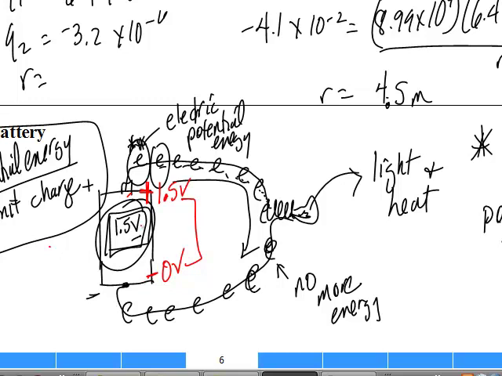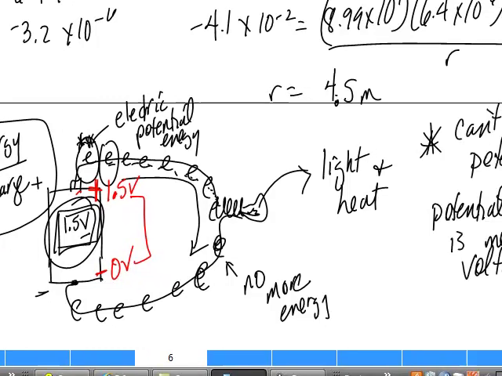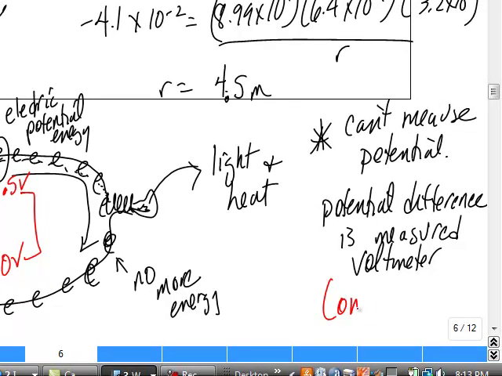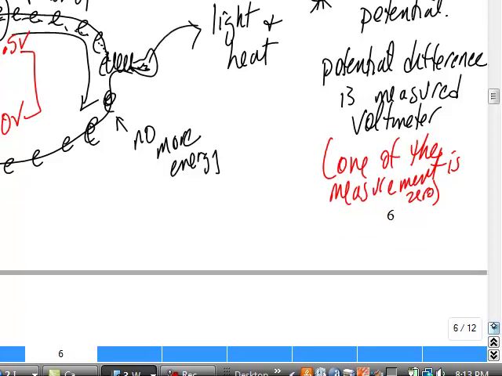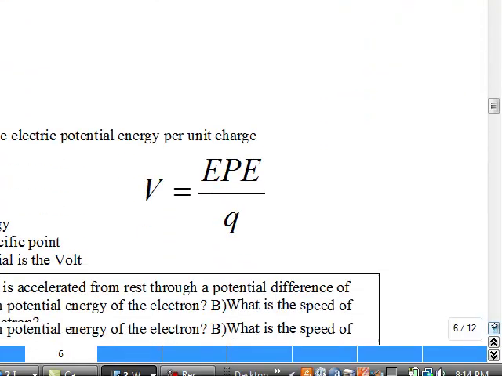But usually we just say it has a potential of 1.5 volts because most of the time when we read potential difference, one of the measurements is 0. And so when we say calculate the potential, we're really calculating the potential difference. We just get lazy and don't want to do that. If that's all super confusing, don't really worry about it. Just know that when you're measuring, you're measuring potential difference.